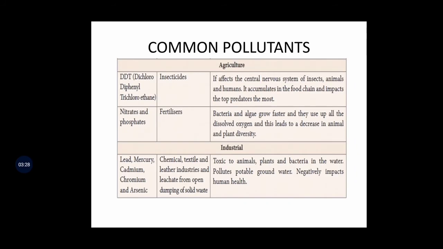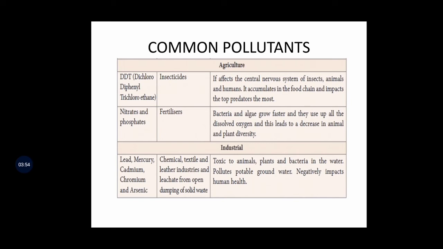The next common pollutant is DDT, dichloro-diphenyl trichloroethane, which is an insecticide that we use in agriculture. From the agricultural field, these insecticides are washed away in the rainwater, and once it mixes with the river water, we are using that water for drinking.